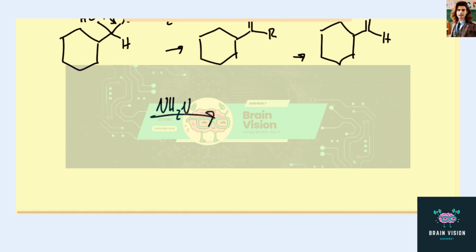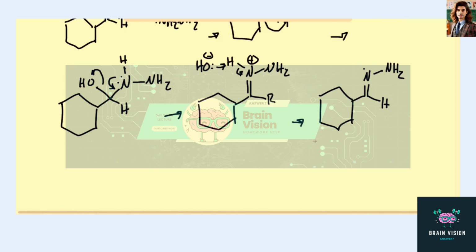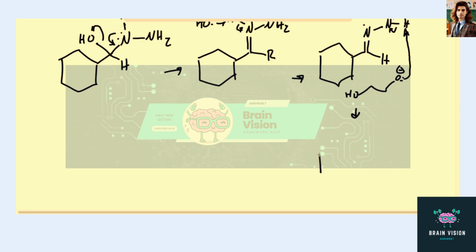Just clear some space here. Okay. And I'm also going to redraw this just so it's easier to show the next deprotonation step. So a molecule of that will come in and deprotonate.